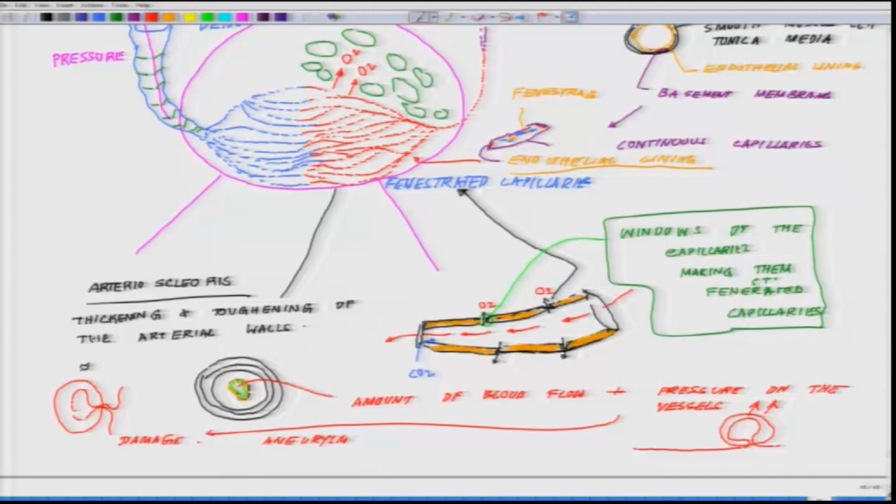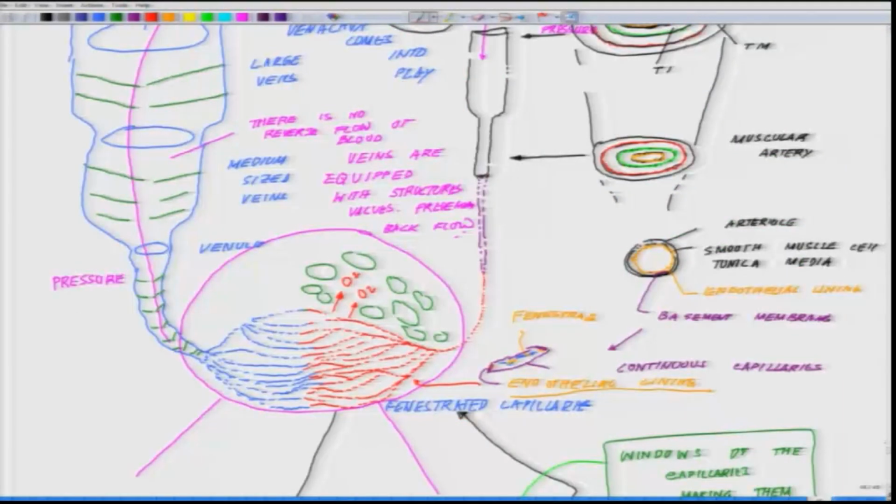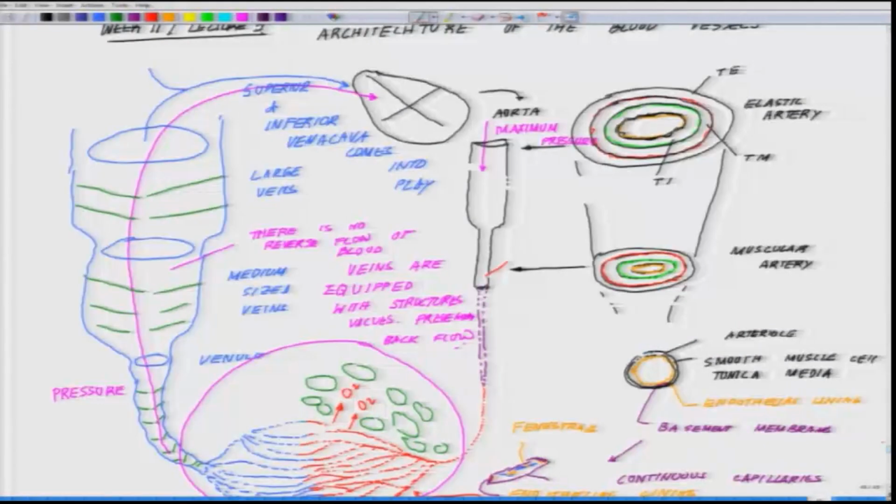And having said this, you might wonder why it is challenging to take blood from the arteries. You really need a huge amount of skill before you even target taking blood from the arteries, because they have a huge amount of pressure with which blood is flowing.